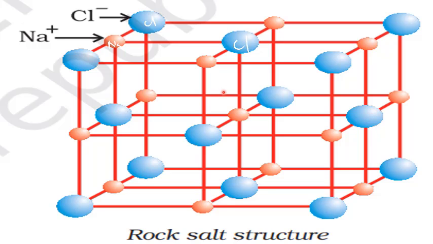So, such a 3-dimensional arrangement of positive and negatively charged ions is referred to as a crystal structure or crystal lattice. From the previous slide, we understood that a large number of positively charged ions attract a large number of negatively charged ions.